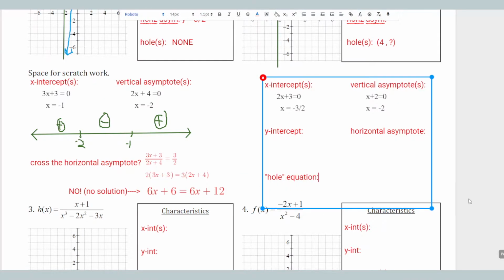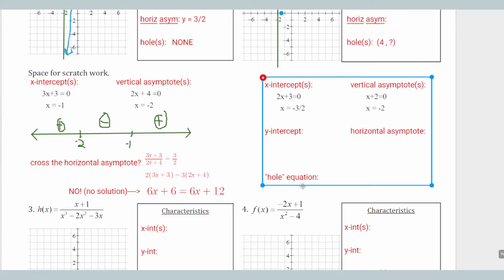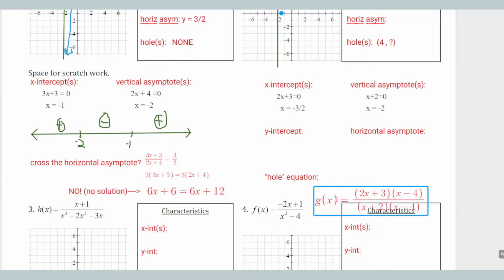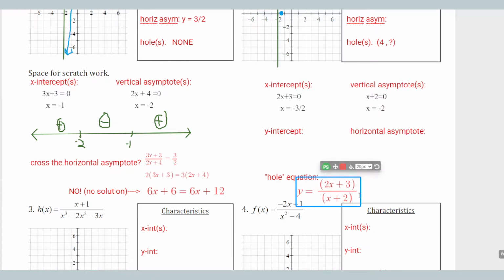I guess I'll have to do this a little bit below to make this work. There we go. So the hole equation is going to be y equals, and I'm just going to cancel out, or reduce to 1, these x minus 4 factors.